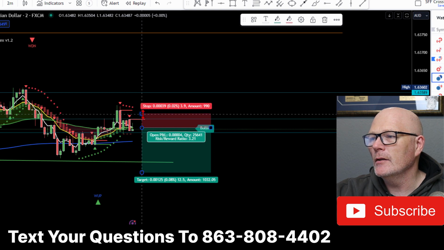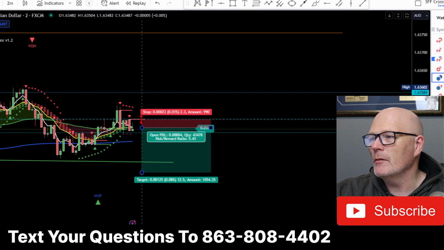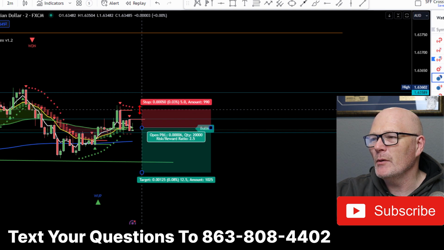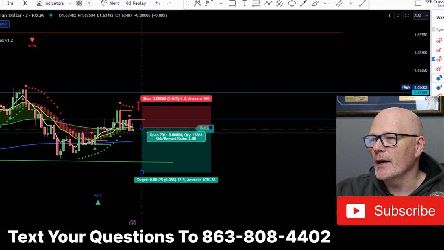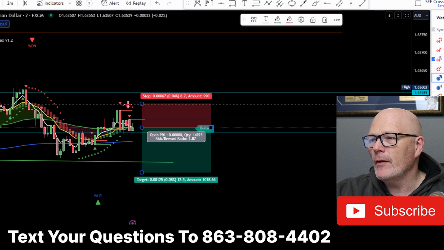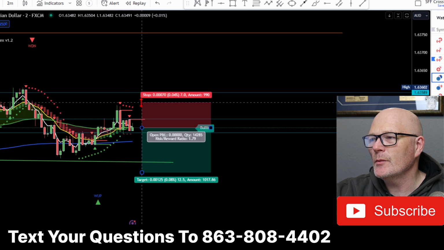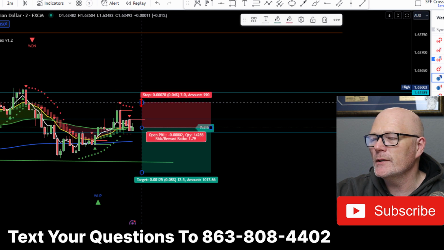At the engulfing candle, that's really tight. It's 2.3 pips. The one up here is 4.8 pips, and I would say that's even a bit too tight. So maybe take it just above these areas here, and then we're starting to get into our sweet spot of around 7 pips. It's always nice.